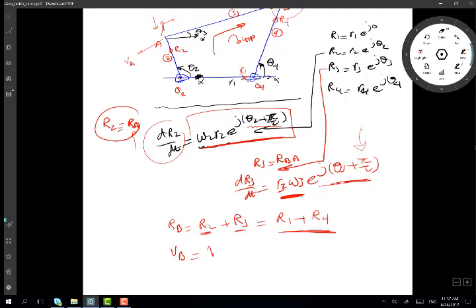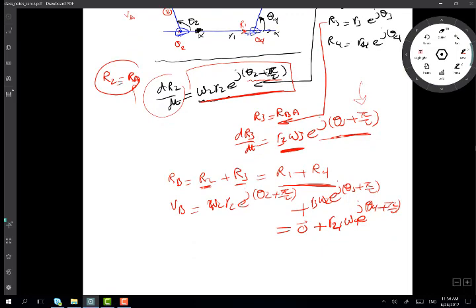I can say this will be omega 2 R2 e to the j (theta 2 plus pi over 2) plus R3 omega 3 e to the j (theta 3 plus pi over 2), which is equal to the derivative of R1 plus R4, that is R4 omega 4 e to the j (theta 4 plus pi over 2).